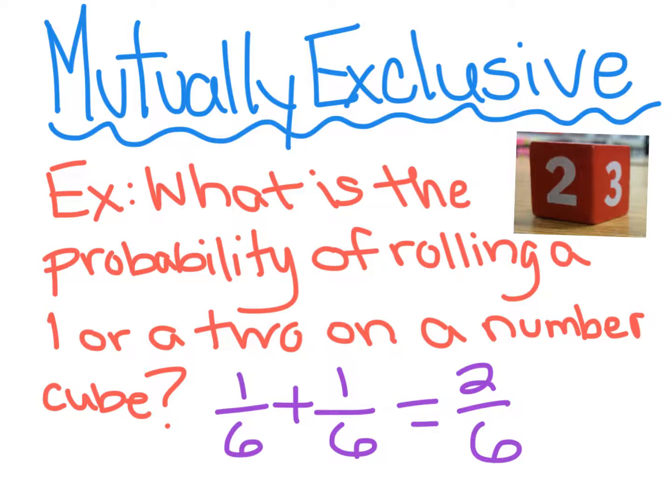So when we're reducing this fraction, we would divide both the numerator and the denominator by 2. So 2 divided by 2 would give me 1, and 6 divided by 2 would give me 3. So the probability of rolling a 1 or a 2 on a number cube would be a 1/3 chance.